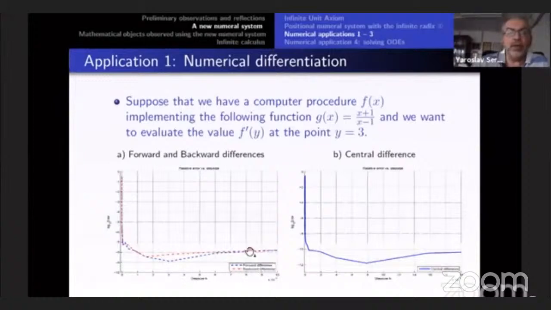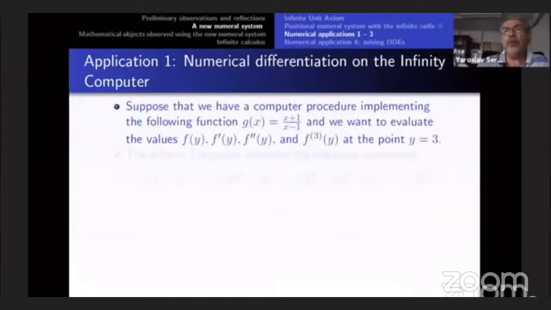When h becomes smaller and smaller, the error initially diminishes, but then when this situation with the mantissa occurs, the error goes to the sky in all these cases. So it is a problem that on traditional computers it is not possible to avoid.